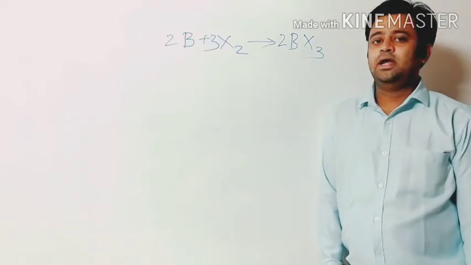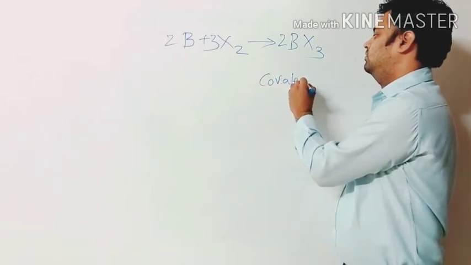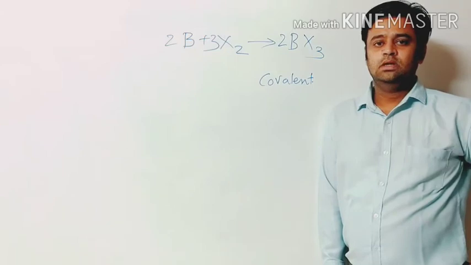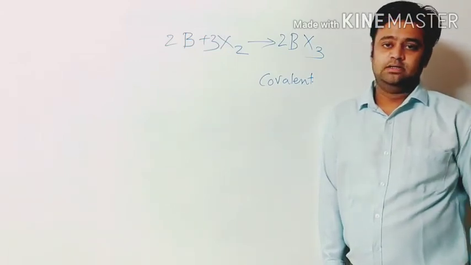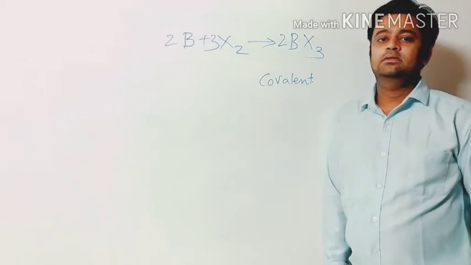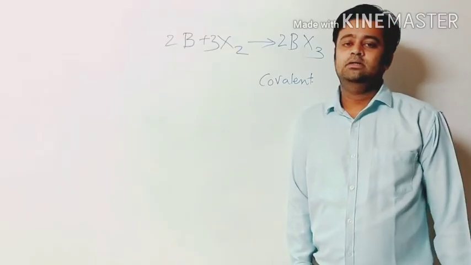These boron trihalides are covalent compounds. And we know covalent compounds are generally soluble in organic solvents, right? Therefore, they are soluble in organic compounds.